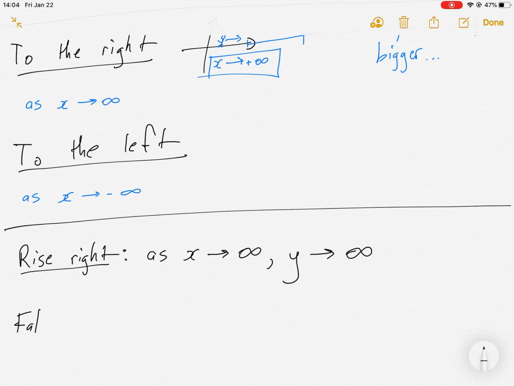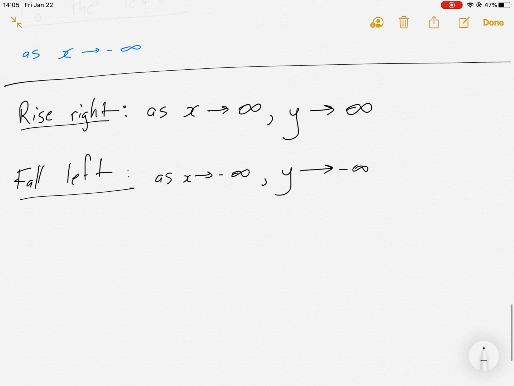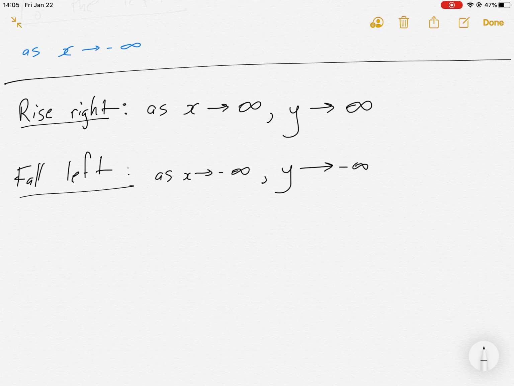If I say fall left, this means as x goes to a negative number that's very large, y is going to keep falling, so y is also going to go to a negative number. Just to complete this, if I said falls right, now x is going to very large numbers.